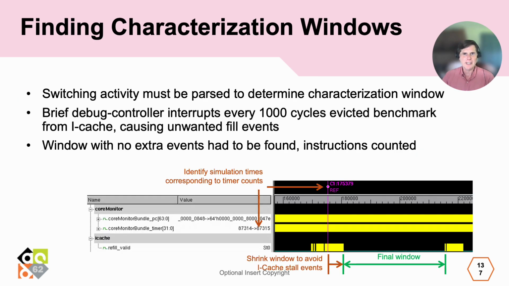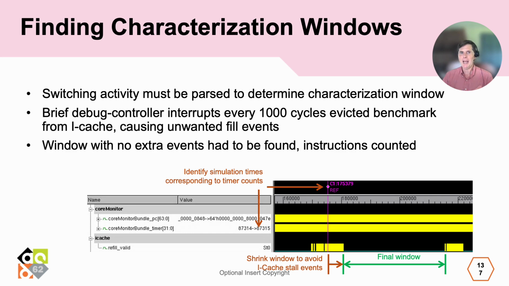So as we started running RTL simulations to generate these VCD files, one of the first things we noticed was that there were these periodic interrupts happening every 1,000 cycles or so when the processor would switch from running the user code into running some code for this debug controller that's incorporated into the system.